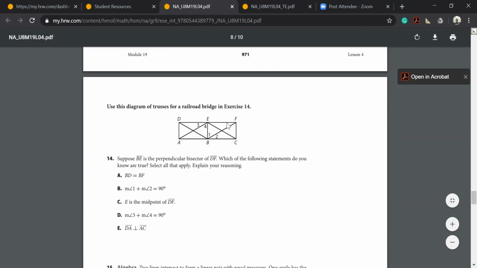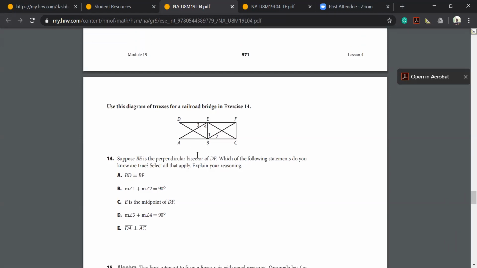It means that angle 3 and 4 is 90, and that exactly DE is equal to EF, right? And using the perpendicular bisector theorem, DB will be equal to BF. Didn't we say this? That the point on the line will be equidistant from the endpoints of your segment, right? So DB will be exactly equal to BF.